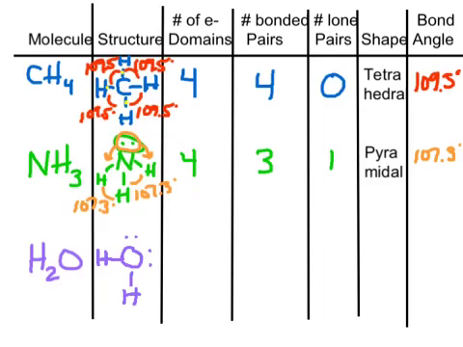So around oxygen, the central atom, we have 4 electron domains because all 4 sides have electrons on them. 2 of them are bonded and 2 of them are lone pairs. This shape that has 2 bonded pairs and 2 lone pairs is called a bent shape. And the bond angle for a bent shape is 104.5.